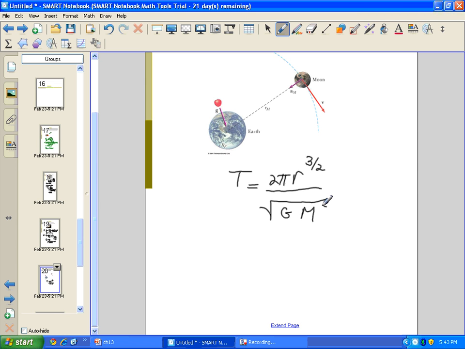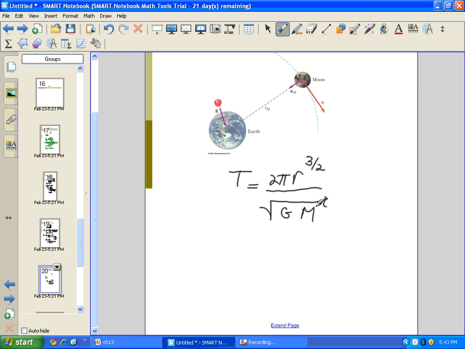So my question to you is, which one goes around which? Is it the Moon that goes around the Earth or the Earth that goes around the Moon? I'll give you a second to think about that.